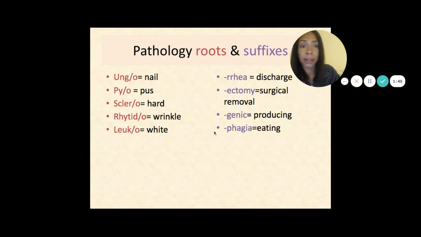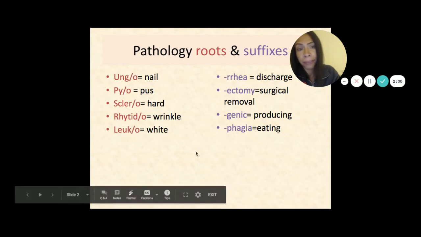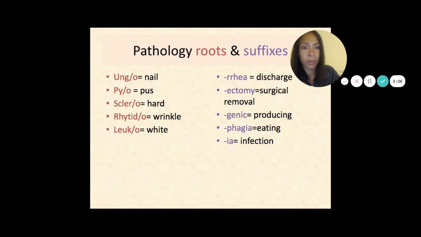And phagia, which is used to describe eating, so things like phagocytic cells are cells that eat other dead cells or necrotic cells and tissues, as well as bacteria. And we saw those in the inflammation unit. And ia denotes any kind of infection that is brewing in skin, or any abnormal kind of condition.